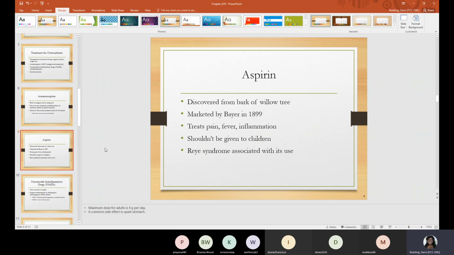Now, when a person takes aspirin, it's also important to know they should not exceed a maximum dose of 4 grams per day. So the maximum dose for adults is 4 grams per day. And the common side effect of aspirin is an upset stomach. So patients should also be careful when taking this medicine.